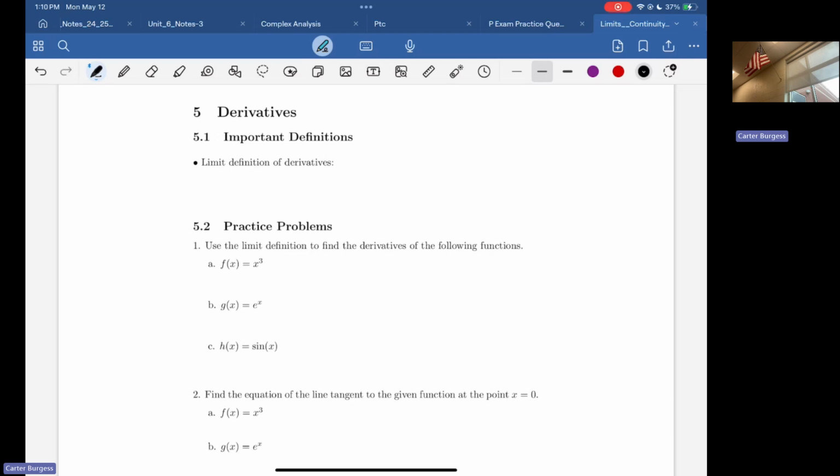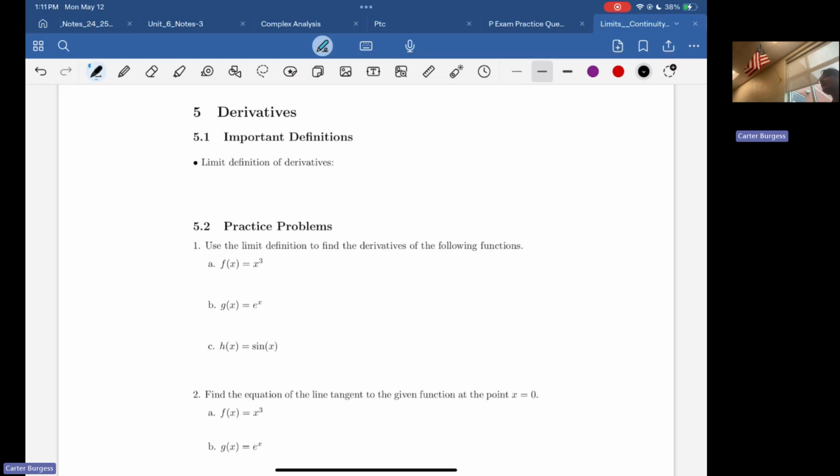And what we saw was this idea that if I want to best estimate how my function is changing at a particular point, then the way to do so is to take the slope between the point at which I am concerned and a point that is very, very close to the point that I actually care about.